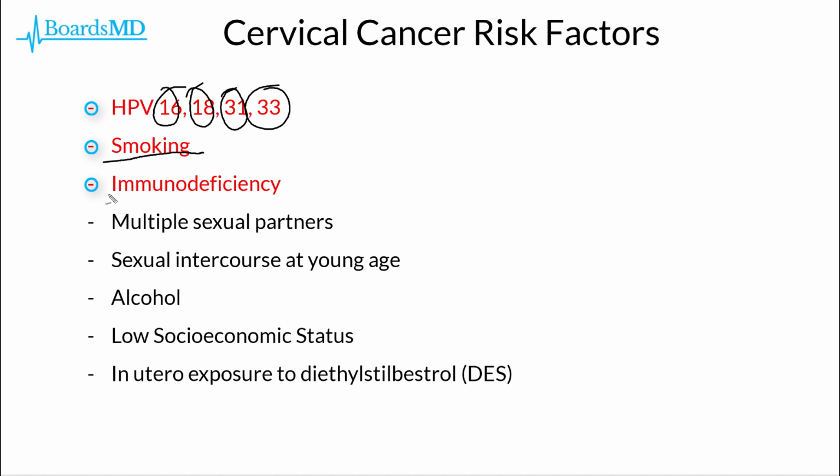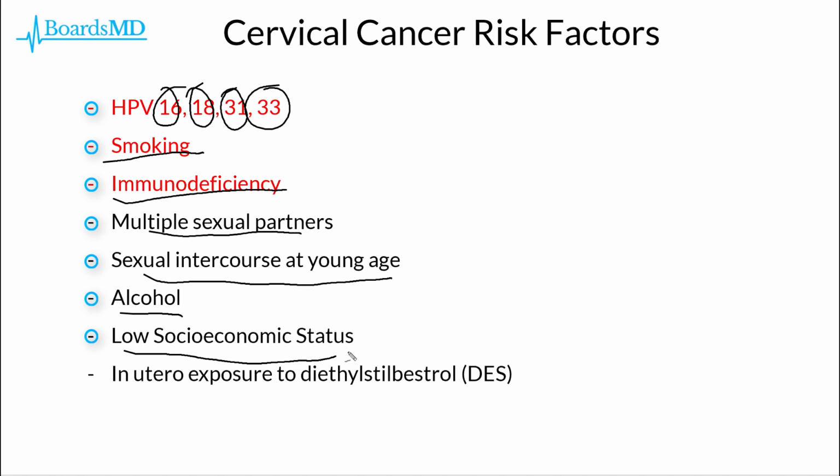Additionally, immunodeficiency is a significant risk factor for the development of cervical cancer. Additional risk factors include having multiple sexual partners, having sexual intercourse at a young age, alcohol intake, being of low socioeconomic status, as well as having in utero exposure to diethylstilbestrol, also known as DES.